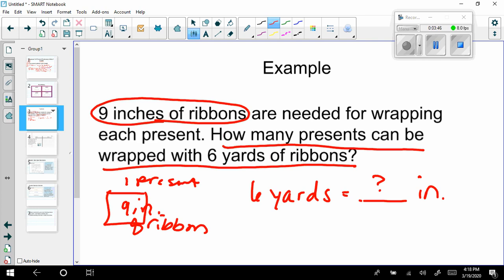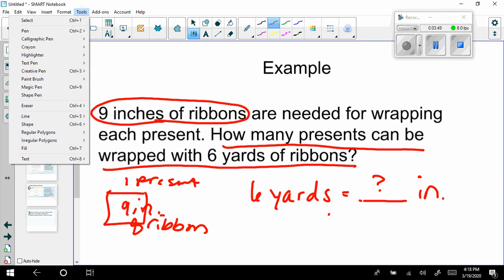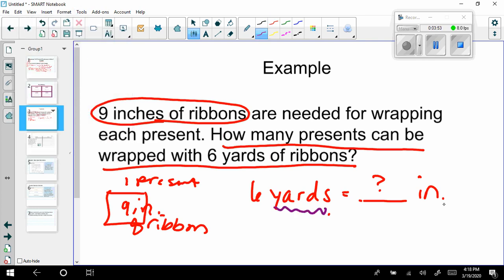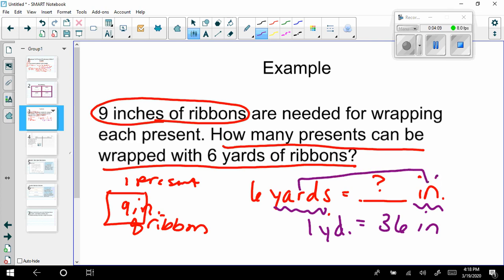Second step is write what you know, what you know, what you know. So guys, we need to write what we know about yards and inches. And we know that 1 yard is equal to 36 inches. Then the third step is bigger to smaller, smaller to bigger. So we have to look at yards, and we're going to inches.